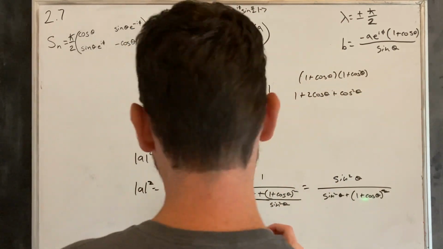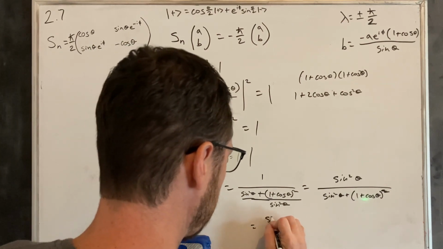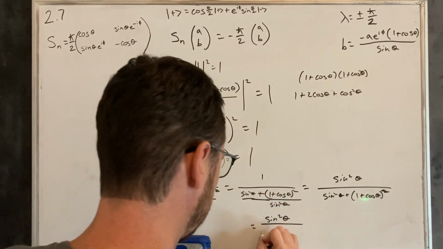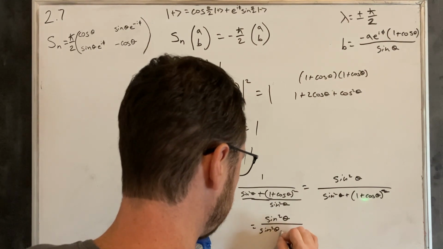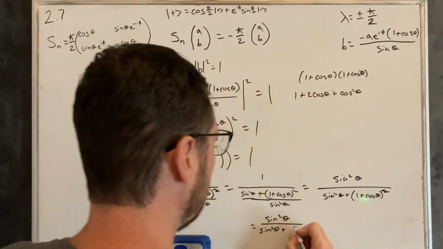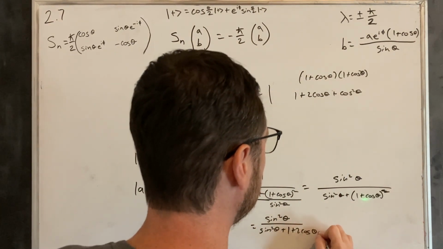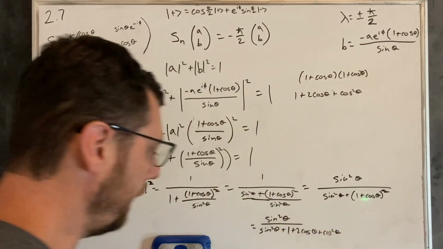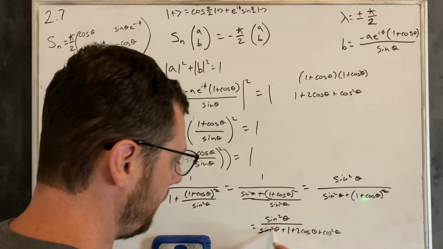All right, so I'll put that down here. So that's going to be sine squared theta over, let's write all this out, a sine squared theta plus all this: 1 plus 2 cosine theta plus cosine squared theta. All right, so we have a sine squared theta and a cosine squared theta. Those can combine to make 1.